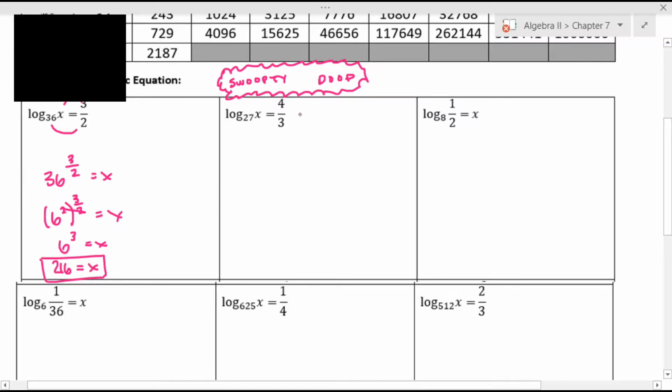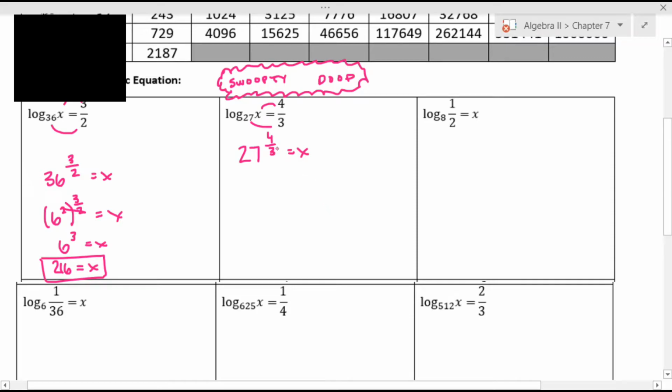This is exactly the same swoop-de-doop method. So if you want to pause it and try it, that'd be great. So 27 to the power of 4/3 is equal to x is the swoop-de-doop. The swoop-de-doop is just me rewriting it in exponential form. Now I'm looking at 27. What to the third power?